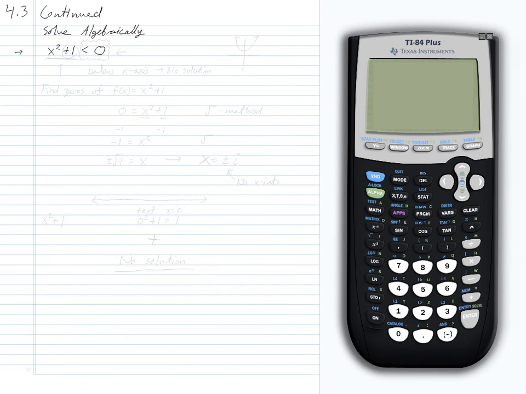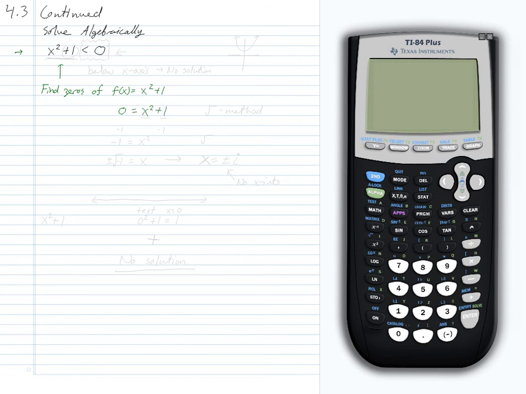Okay, so here we have one last quadratic inequality. This one is already in standard form, so we can proceed right to finding the zeros of the left-hand side. If we set this equal to 0, we get x squared plus 1.